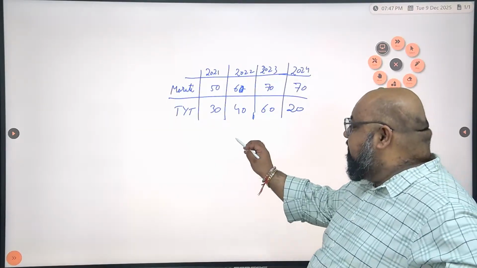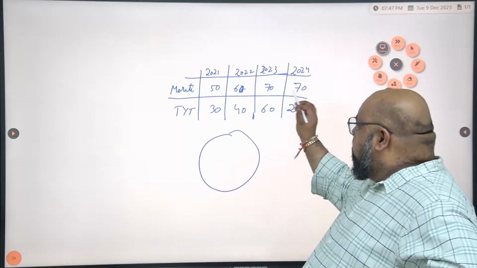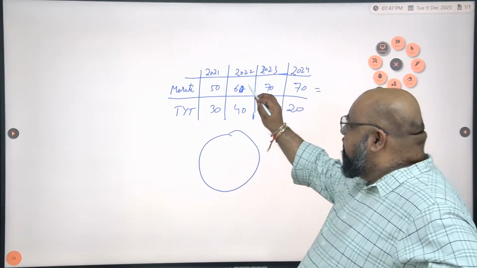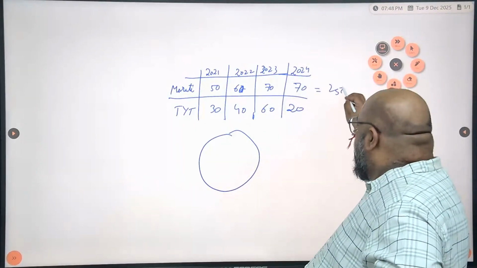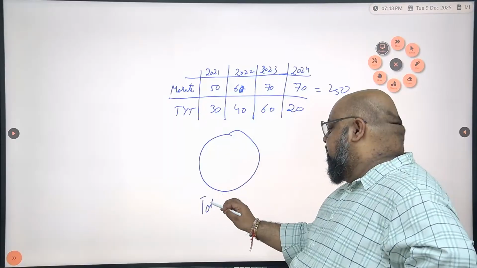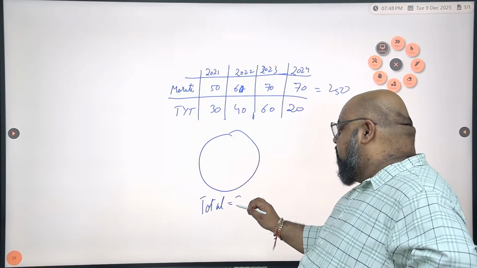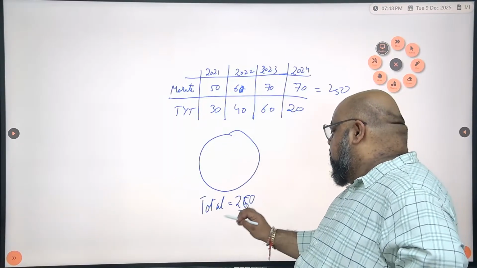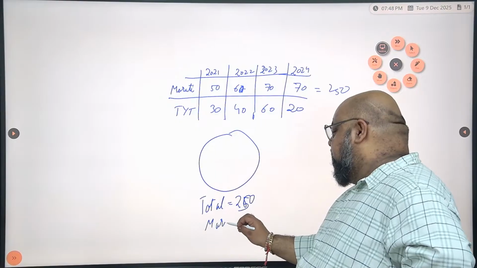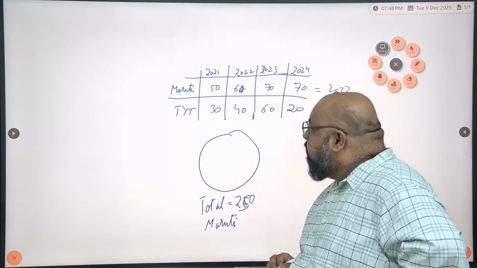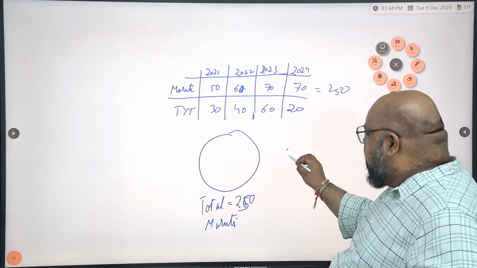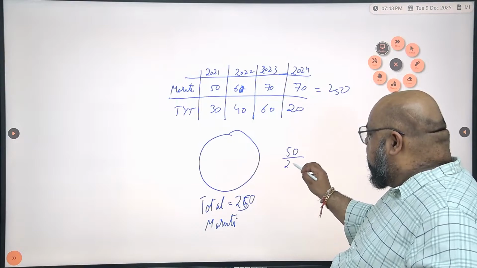I'm drawing a pie chart for Maruti. So I look at the total value, 50, 60, 70, 70, which is 250. So I say total sales is 250. I am drawing the pie chart for each year basically. So in the first year it will be 50 out of 250.